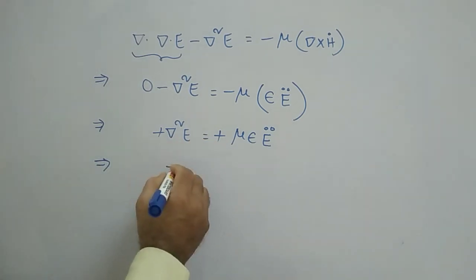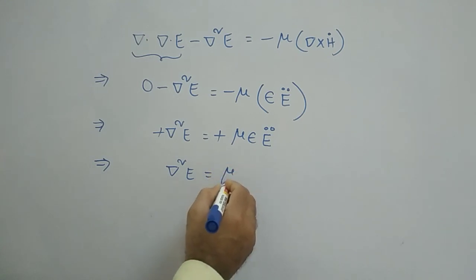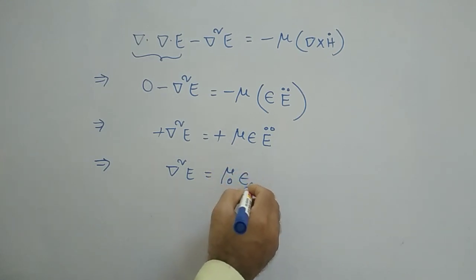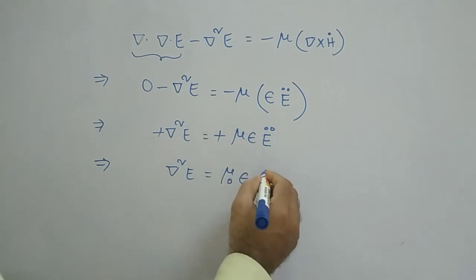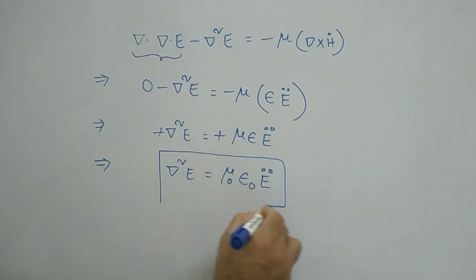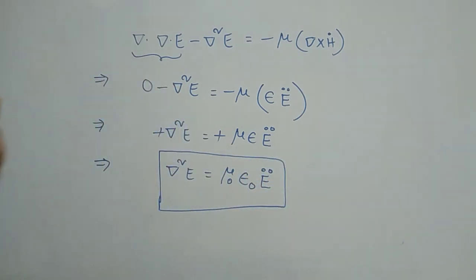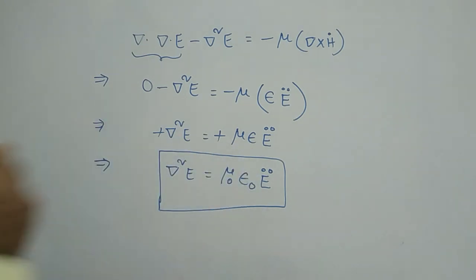This gives del square E equal to mu naught epsilon naught E double dot. For free space, mu becomes mu naught and epsilon becomes epsilon naught. This is the wave equation, one of the wave equations: del square E is equal to mu naught epsilon naught into E double dot. That is the wave equation.